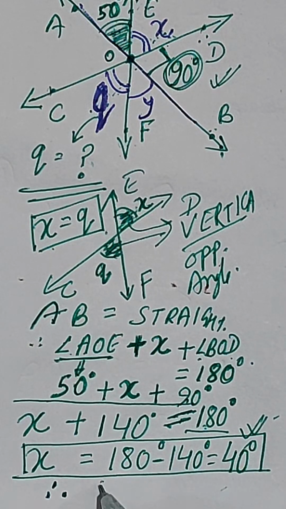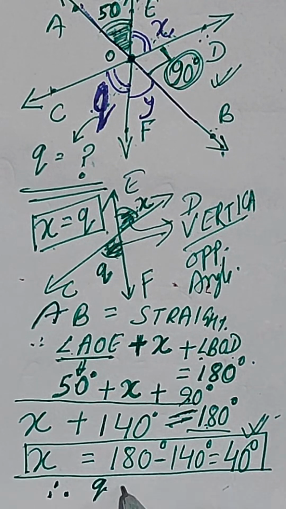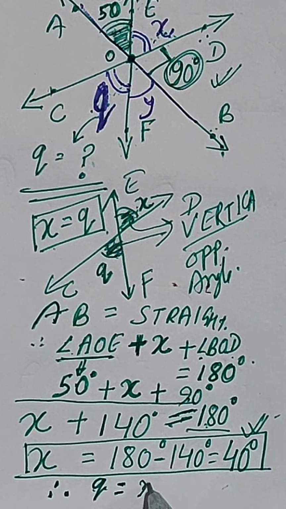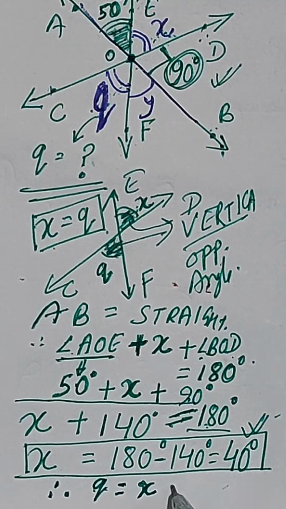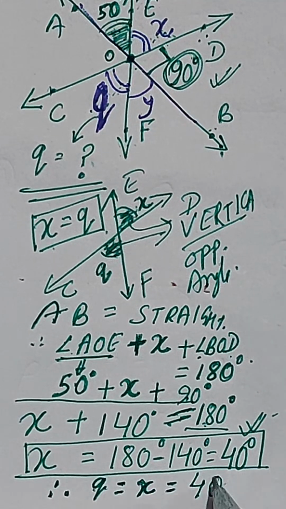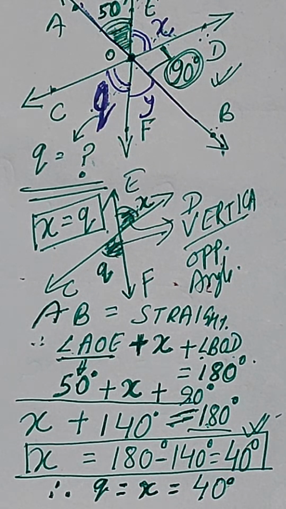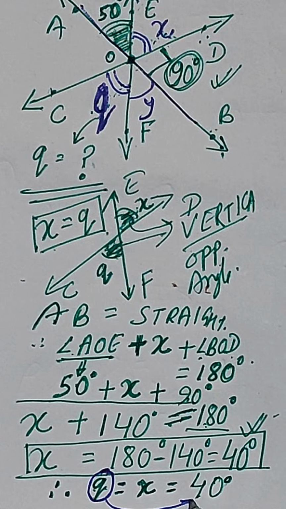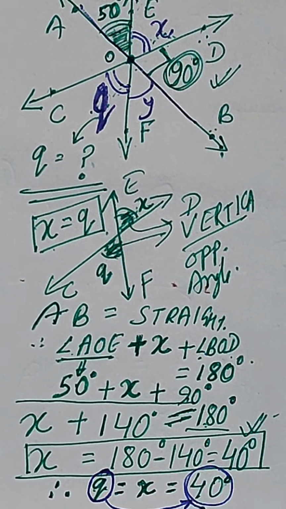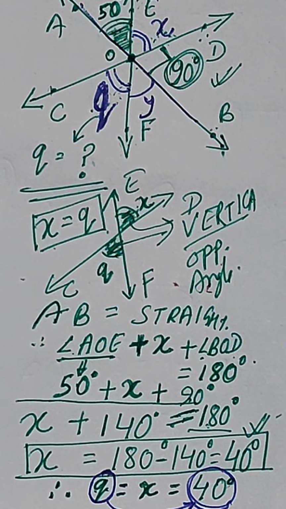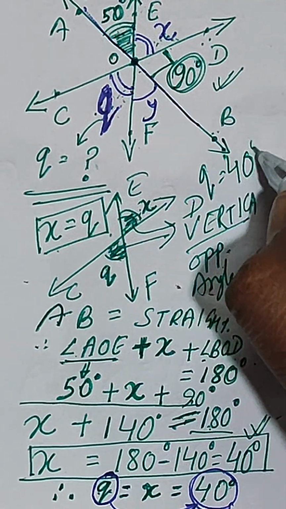The value of q is equal to its vertically opposite angle x, whose value is already calculated above, and that value is coming as equal to 40 degree. So we can say that the value of q is nothing but 40 degree. This is our answer.